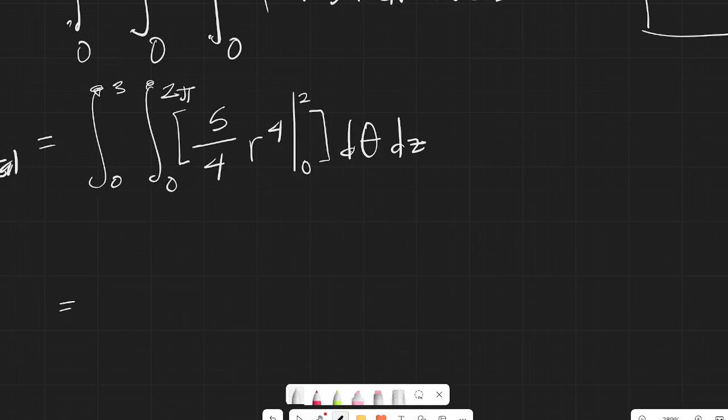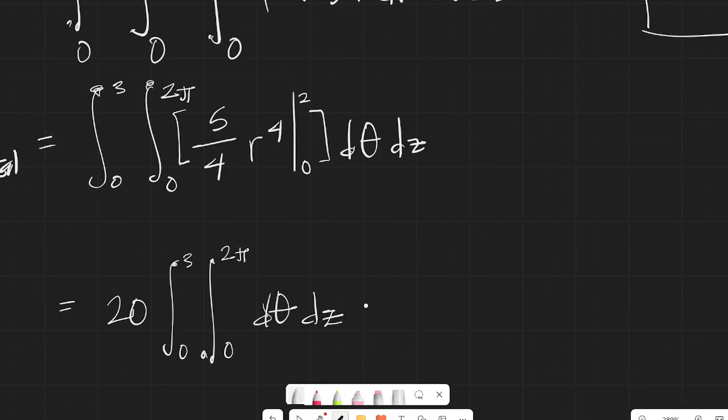That's going to be 20, multiplied by these two. I'm going to rip that constant out into the front immediately, and then we just call this d theta dz.